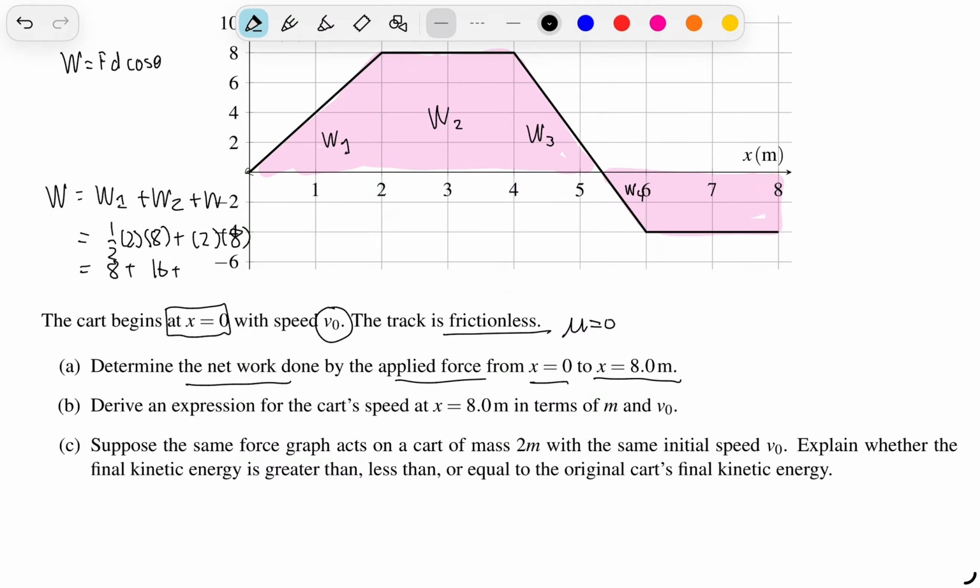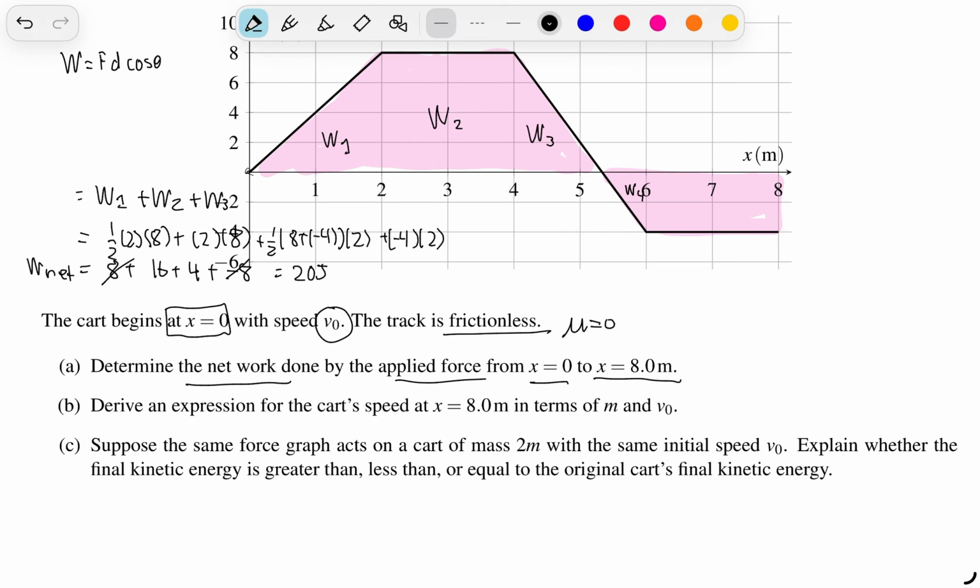Then for work 3, we have 1/2 times 8 plus -4 times 2, and that's going to equal 4 joules. And then we're going to have -4 times 2, that's going to be -8 joules. So this is going to give us, cancel that out, 20 joules for our net work that is done.